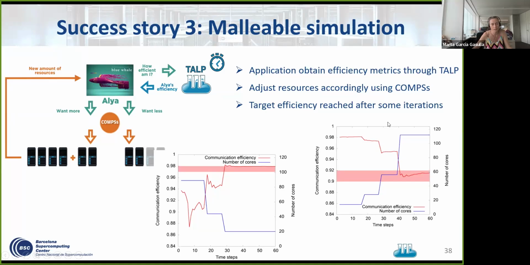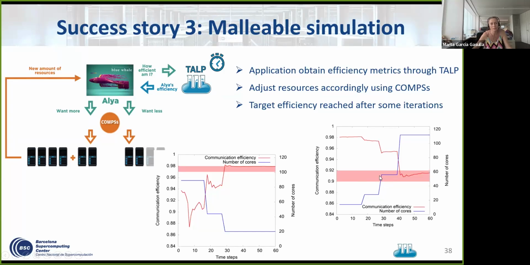In the other plot, we see the opposite situation. The communication efficiency that we were measuring, which is the red line, was above the target one. So at this point, Alya decided that it can use more resources because the communication efficiency is very good. So we increase the number of resources that we are using. We see that the communication efficiency gets worse, but is still above the target one.